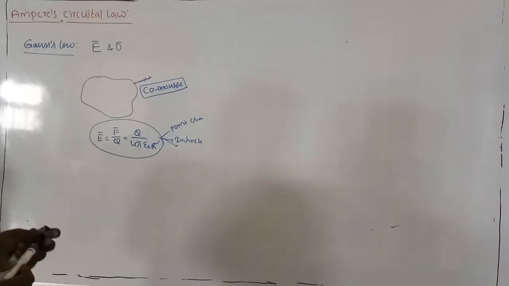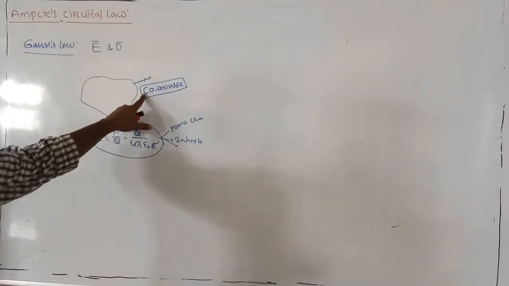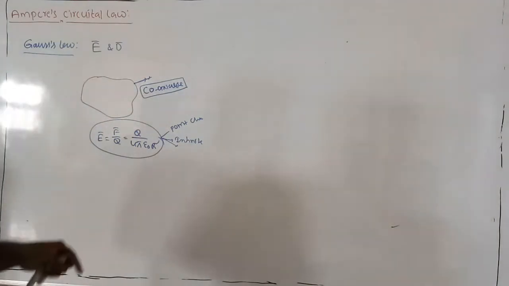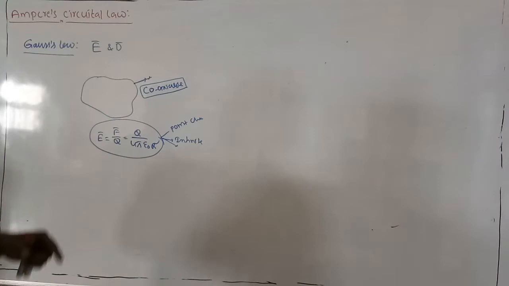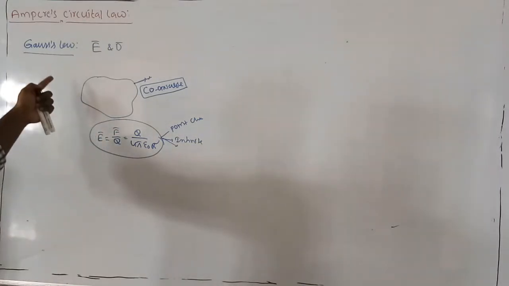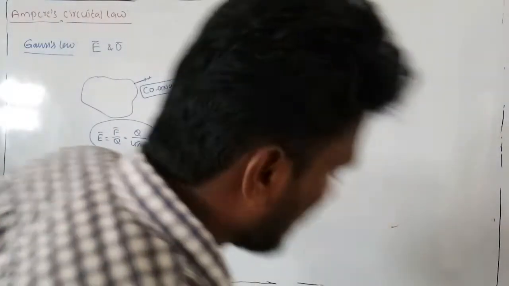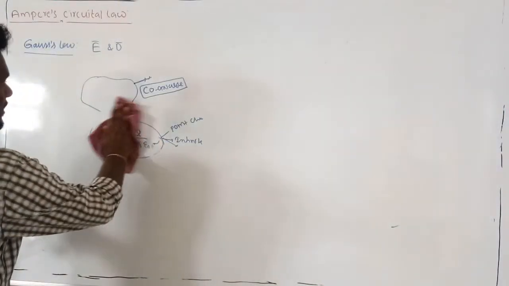That's why we calculated the electric field intensity for the coaxial cable with the help of Gauss law. These are the complex problems. This is in the case of electrostatics.